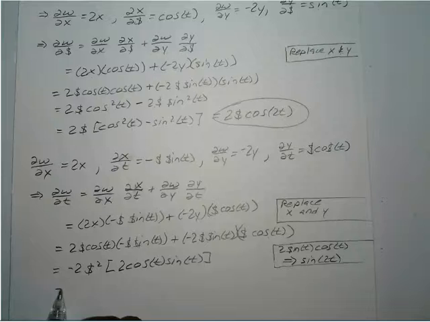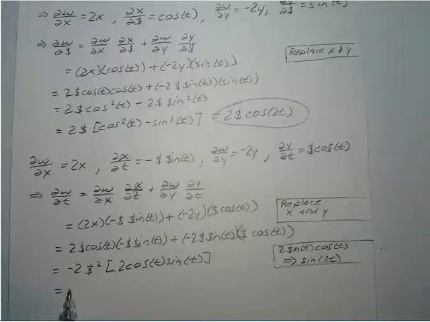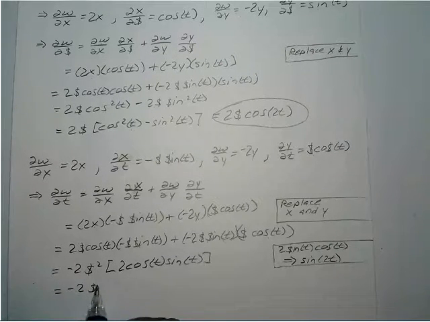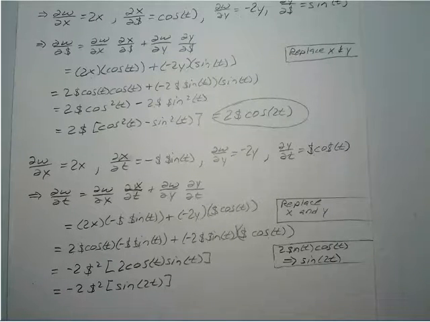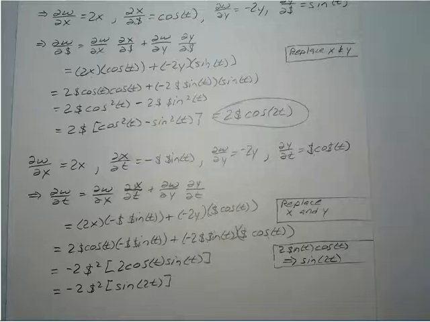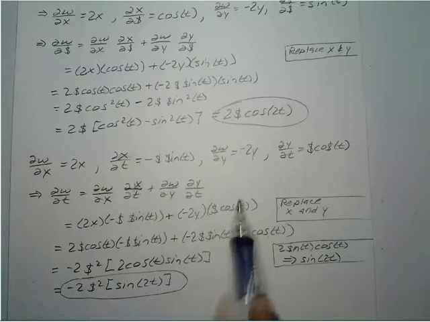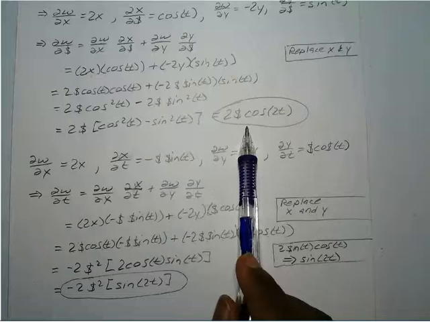Okay, so this is going to equal negative 2 s squared sine 2t. So we have our partial of w with respect to t and our partial of w with respect to s.